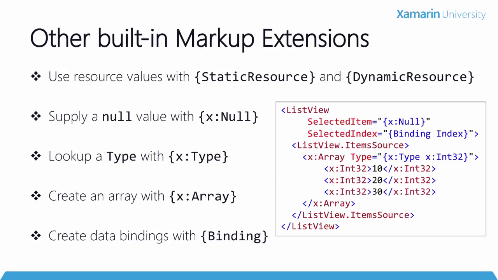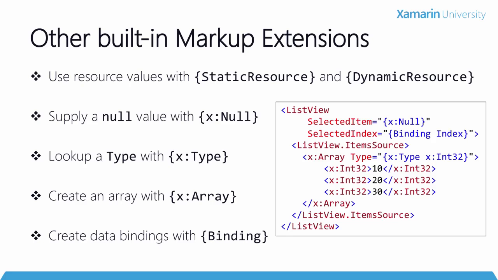There's several other useful extensions included with the framework. We have static and dynamic resource. These are used to look up a resource in a resource dictionary. We're going to cover that feature extensively in the XAM130 class. We also have x:Null, which is used to provide the value null, which is not the same as an empty string in XAML.